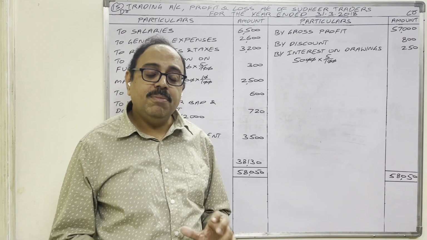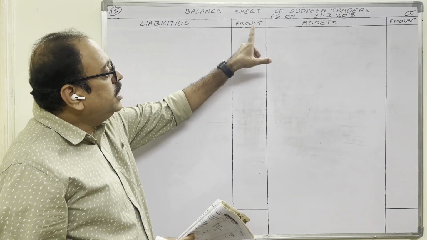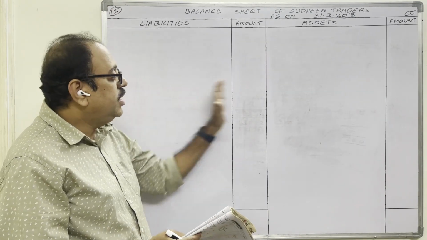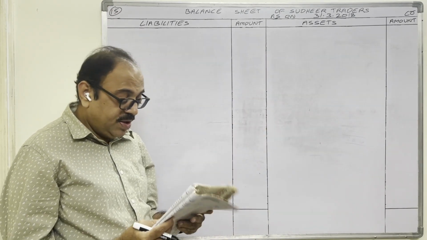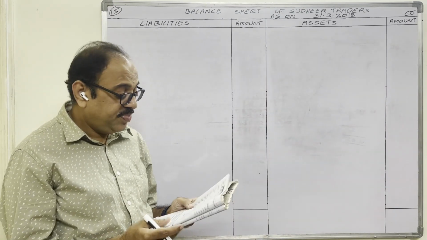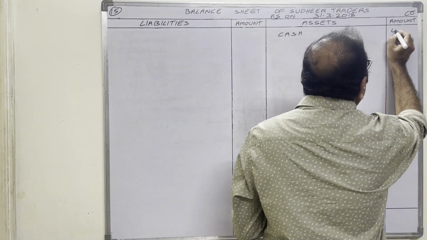Next we have to prepare the balance sheet. This is the balance sheet of Sudhi Traders as on 31st March 2018. Liabilities amount, assets amount. First, the trial balance debit side we will see. Here, asset side. Cash. Cash is an asset. 4,000 rupees.